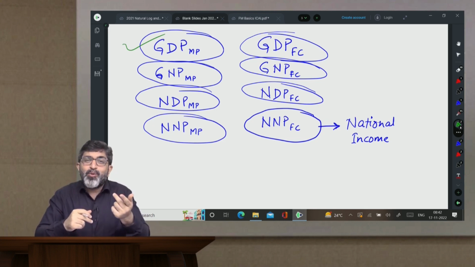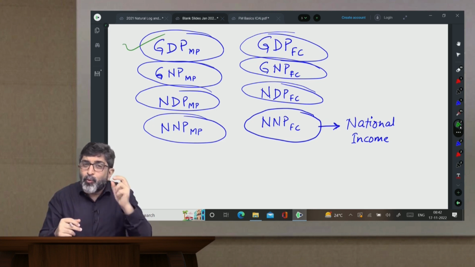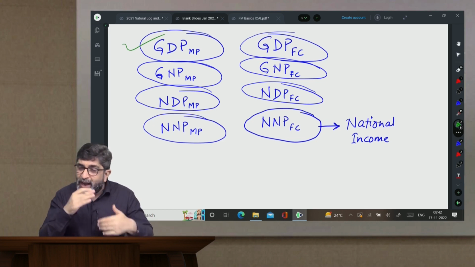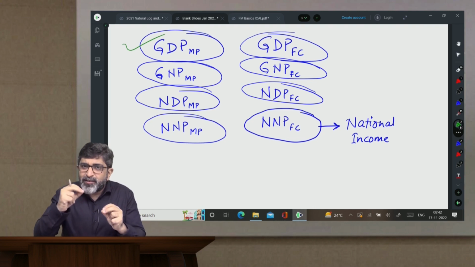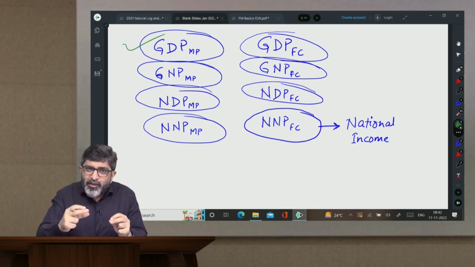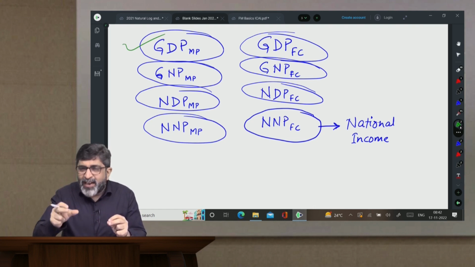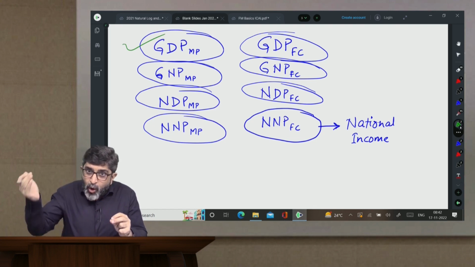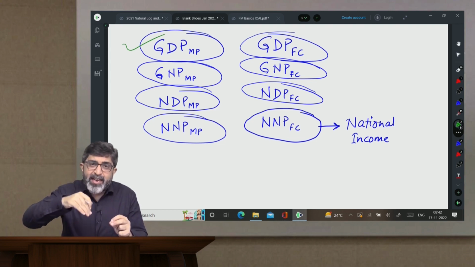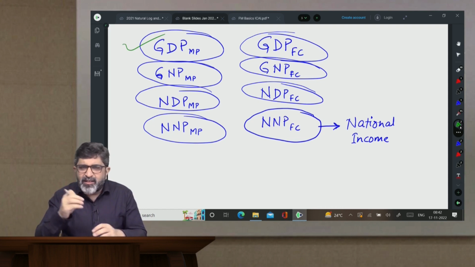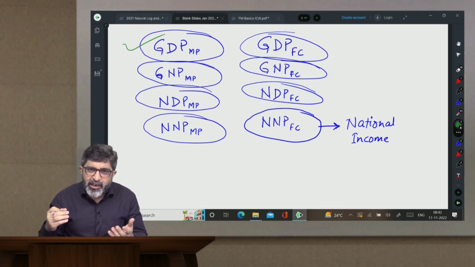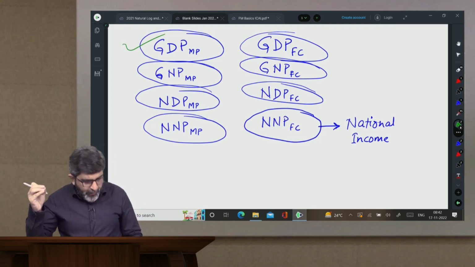But now I want to arrive at GNP. So what adjustment do we have to do? Try to recollect, we have learned that already. The gross domestic product at market price should now be aggregated with net FIA, the way you want to mention it. It is basically net factor income from abroad.